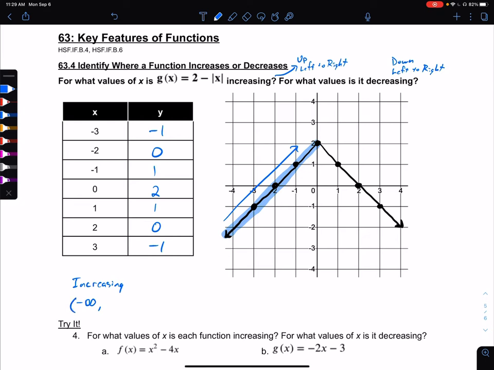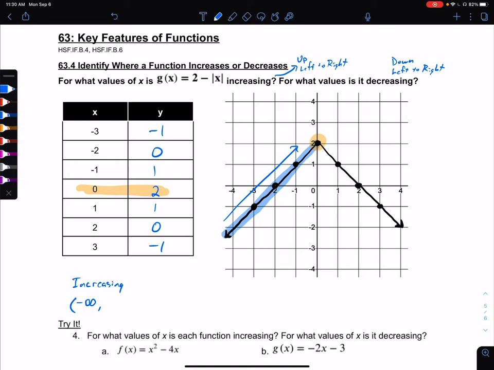And it increases until we get to this point right here. There's going to be a turning point. Now be very careful. The coordinate point is 0, 2. That's where it changes directions. But when we're talking interval notation, we want the x value. What is the x value at that point?